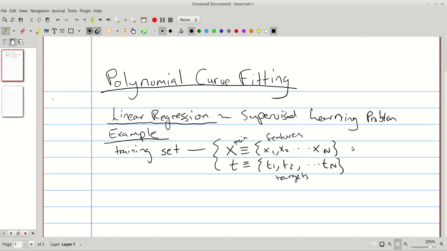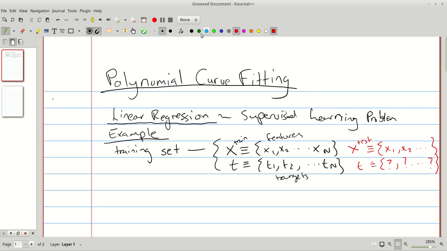And then we might have another one which we consider to be X test, which will be X1, X2, whatever, up to some point. Then we're going to try to predict our targets. We don't know what these are. This is what we're trying to predict.